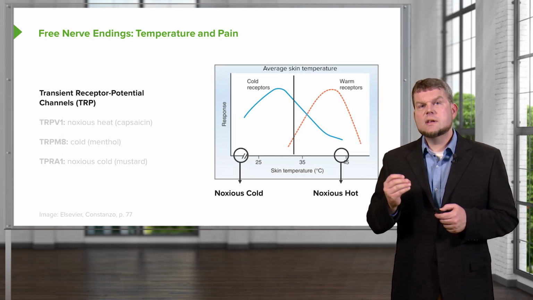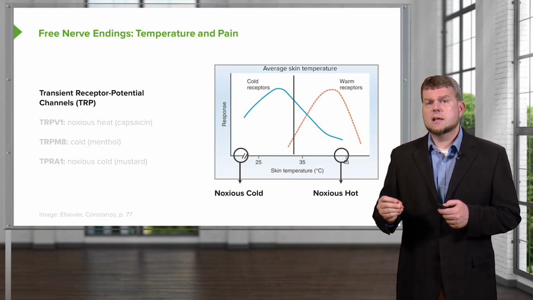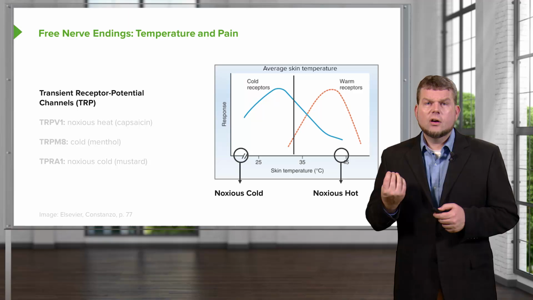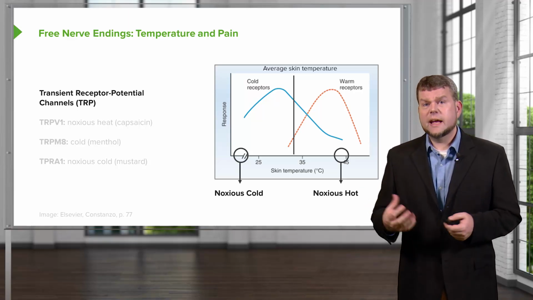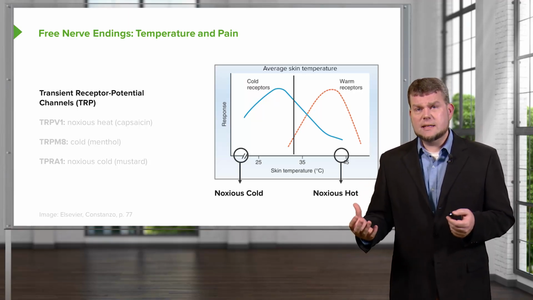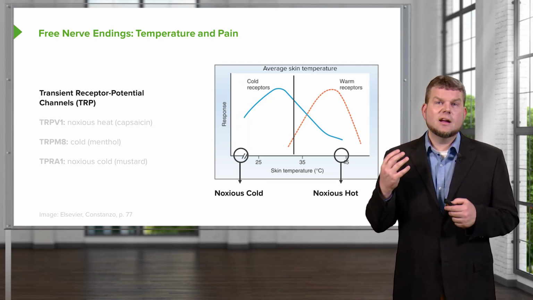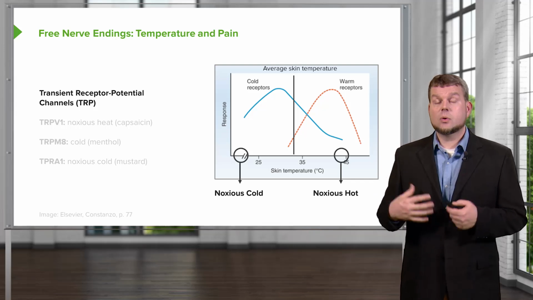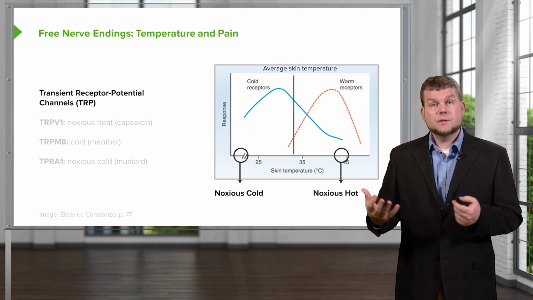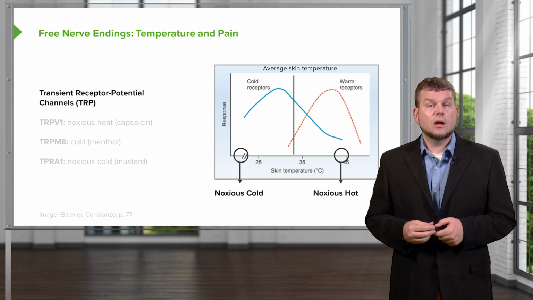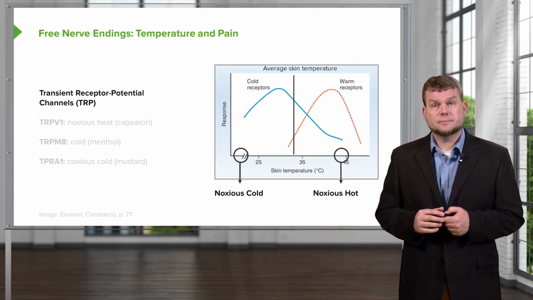So let's go through this temperature aspect of causing pain. There are nociceptors for cold and nociceptors for heat. Now these are separate nociceptors than the ones that cause sensations of cold or sensations of warm. So these are a separate population of free nerve endings.